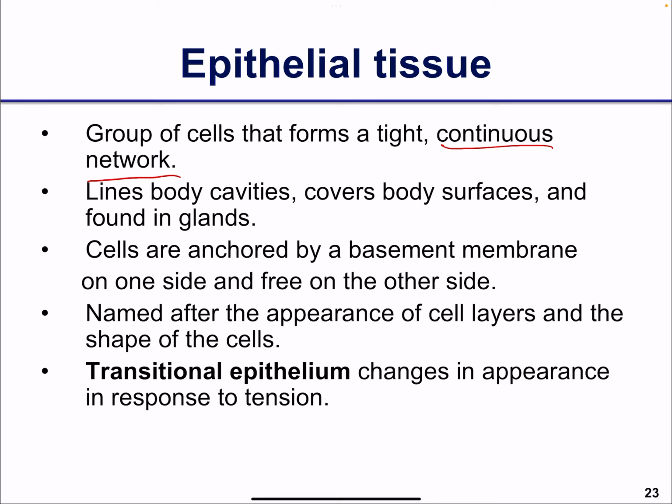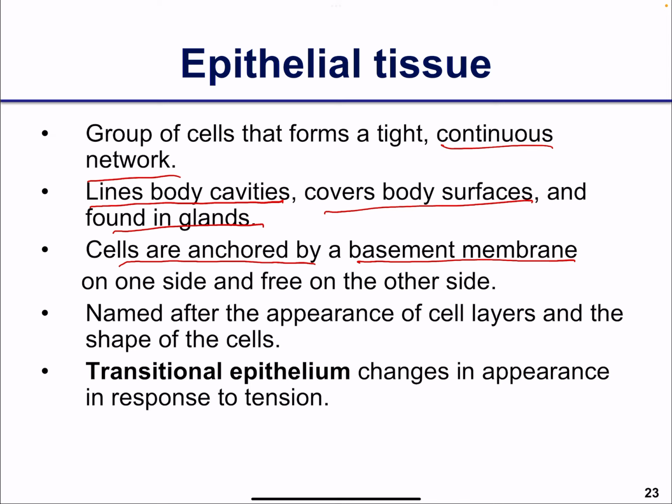These membranes are going to cover structures. Therefore, epithelial tissues are typically found lining body cavities, covering body surfaces, and found making up glands. The cells are going to be typically attached to a structure that we call the basement membrane.